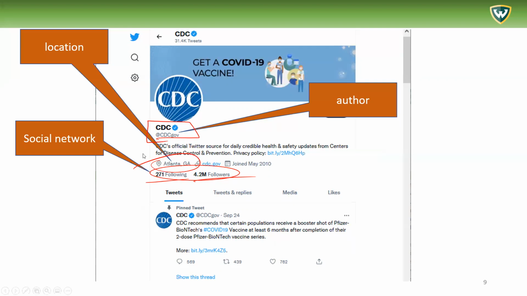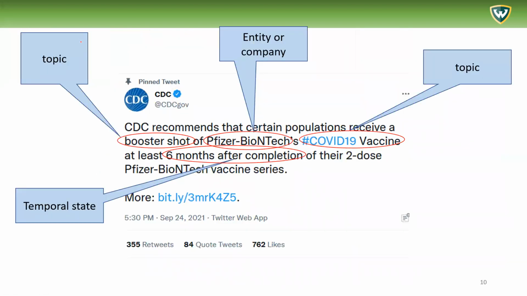But we also have more unstructured information within the text of the messages themselves. So in this text here, CDC recommends that certain populations receive a booster shot of Pfizer-BioNTech's COVID-19 vaccine at least 6 months after completion of their 2-dose Pfizer-BioNTech vaccine series.